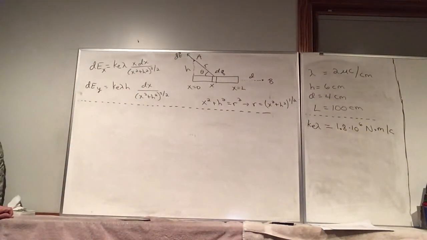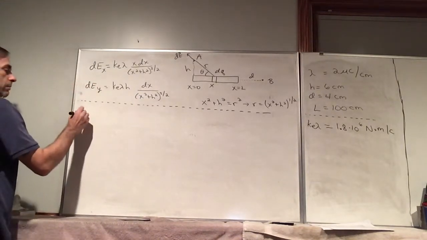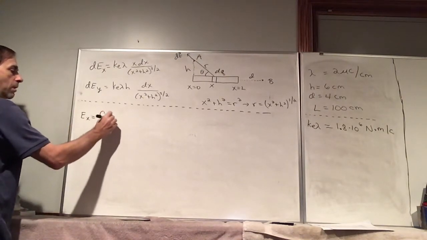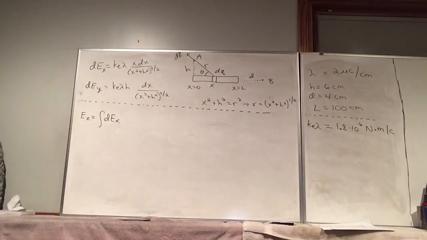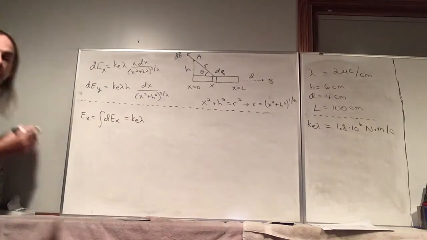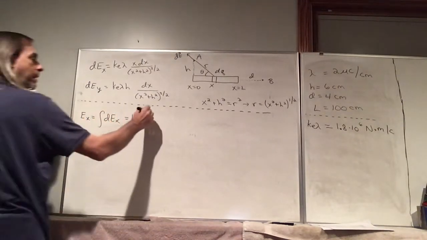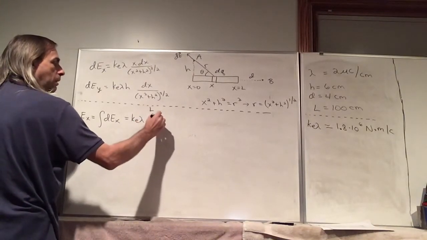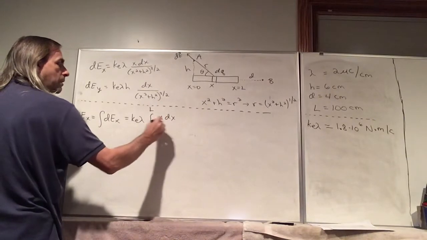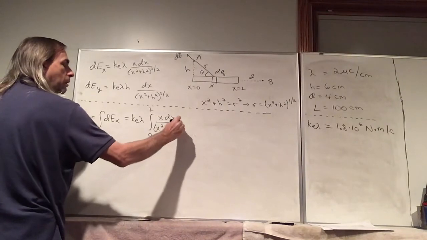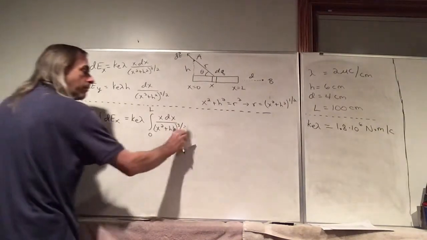And now let's look at these integrals. So Ex is just going to be the integral of dEx. And so we have this ke lambda. It'll be shorter just to write it out instead of putting in the number. But now we have the integral from x equals 0 to L of x dx over x squared plus h squared to the 3/2.